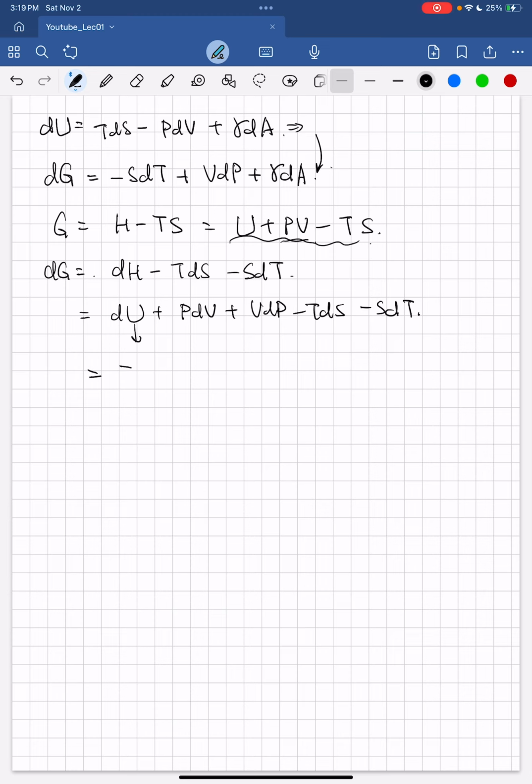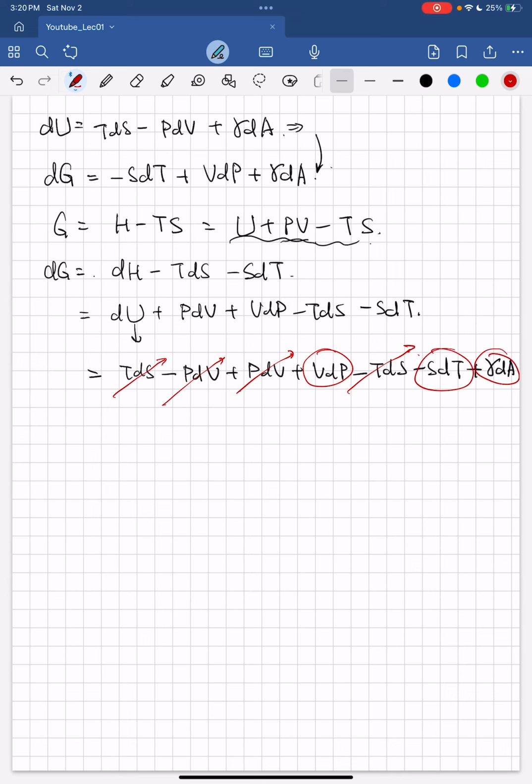And so TdS minus PdV plus PdV plus VdP minus TdS minus SdT plus gamma dA, right? This will go. This is also going to go. We have these three remaining.